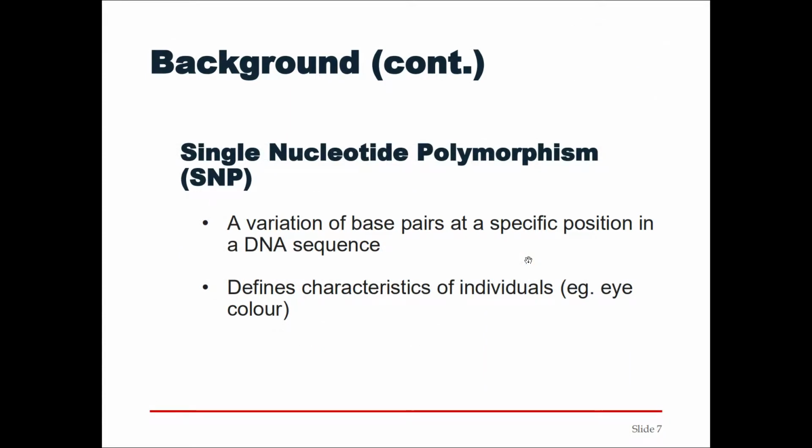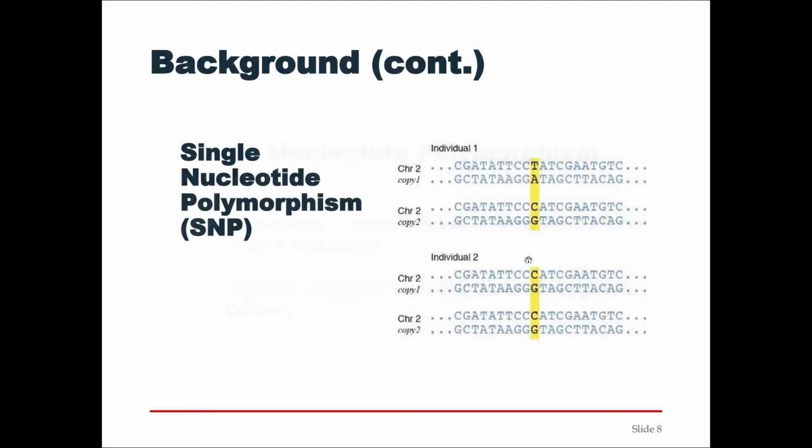SNPs are the most common type of genetic variation among human beings. It is a variation of base pairs at a specific position in a DNA sequence. As an example, most individuals could have a base pair of CG in a specific position in the DNA sequence, but some individuals may have a base pair of TA instead of CG at that position.